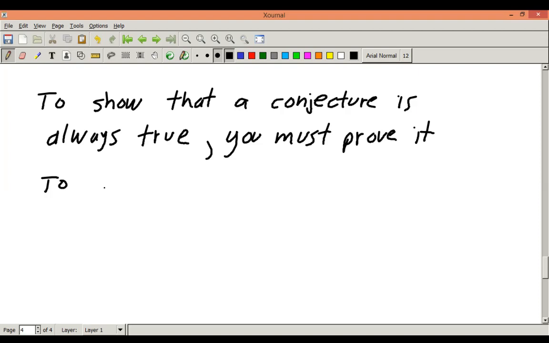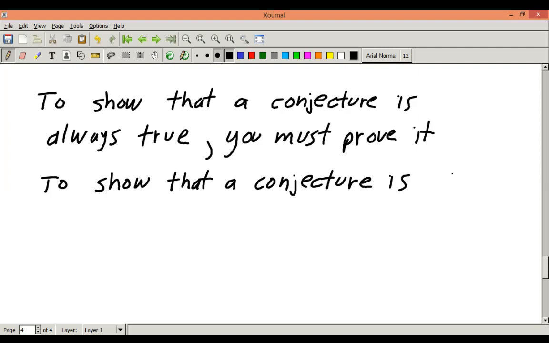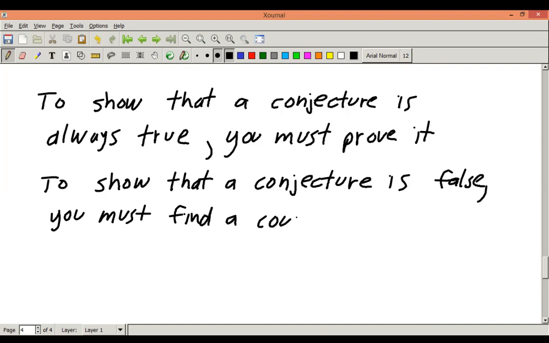However, to show that a conjecture is false, you must find a counterexample.